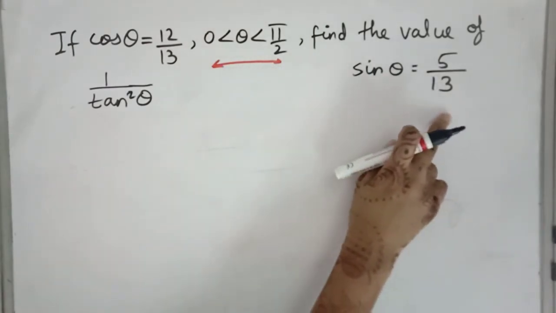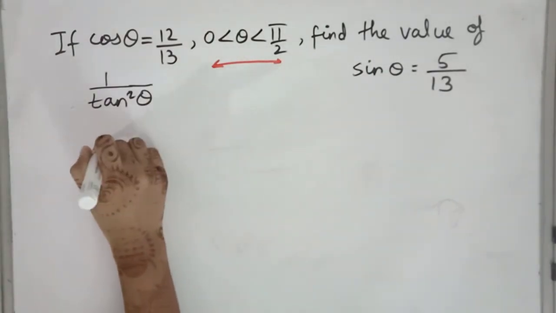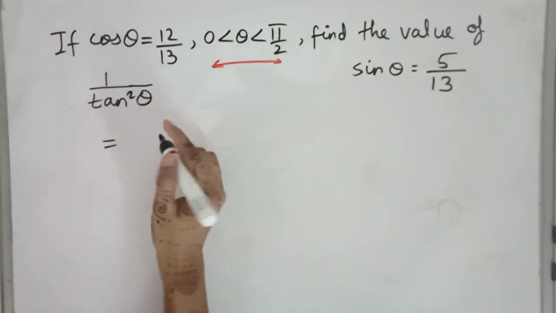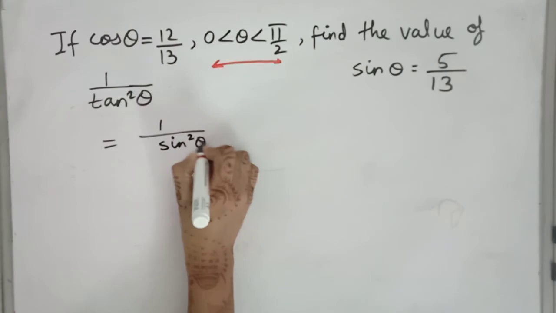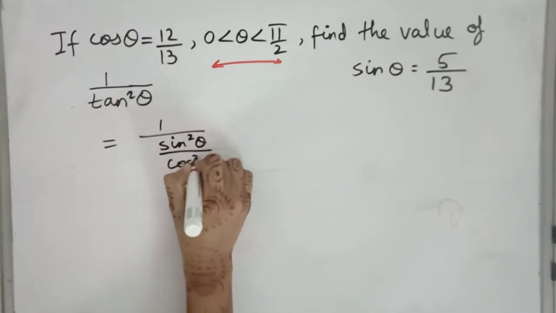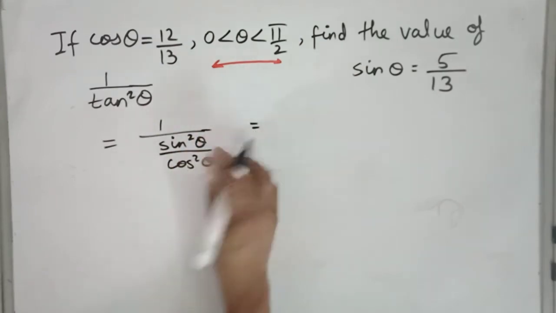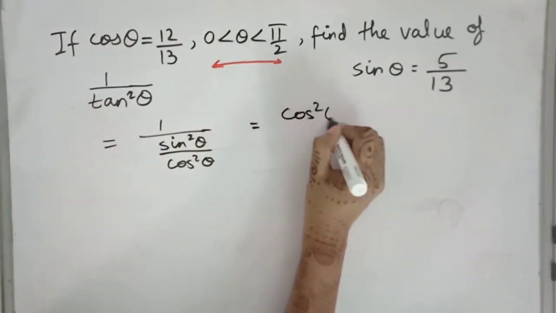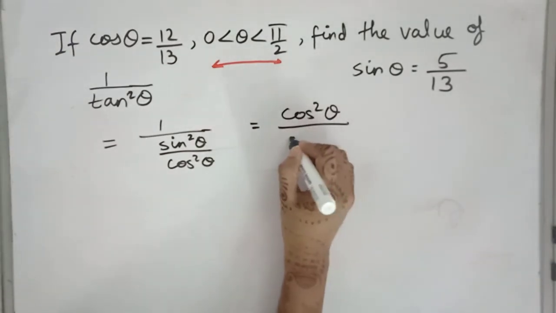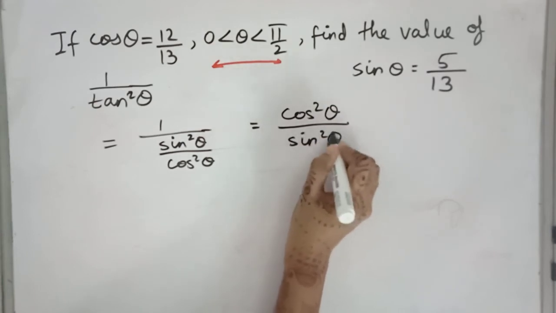Sin theta is 5 upon 13. So we will put the values. 1 upon tan square theta. Tan square theta is sin square theta upon cos square theta. Now denominator will go into the numerator. So it will be cos square theta upon sin square theta.